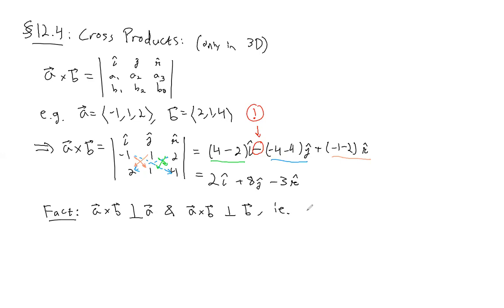What that means in particular is A cross B dotted with A is 0, and also A cross B dotted with B is 0, since vectors V and W are orthogonal if and only if their dot product is 0.